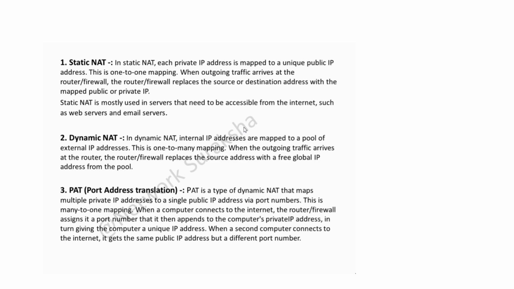Okay, mainly it is used when you want to access any internal server over the internet. So we do the public to private IP netting with in the static NAT.